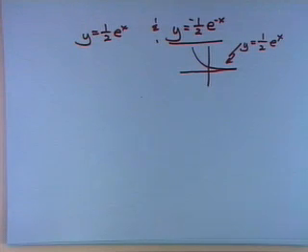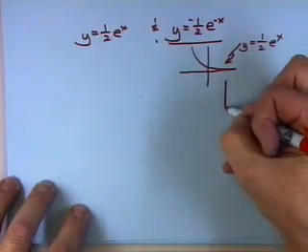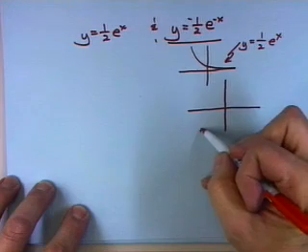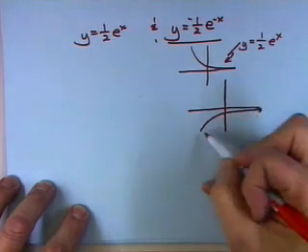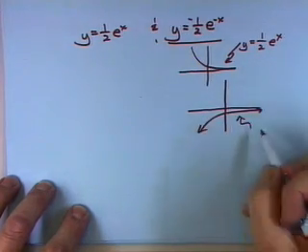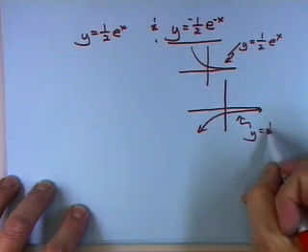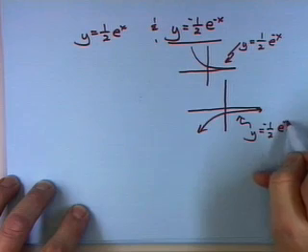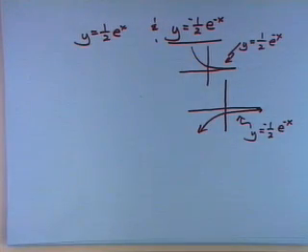The reflection on the other side of the x-axis, right? So all the y values that were positive are now negative, something like that. So we want to take its symmetric image on the other side of the x-axis.